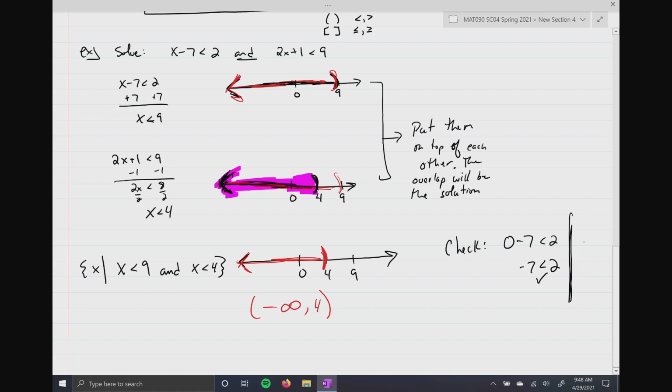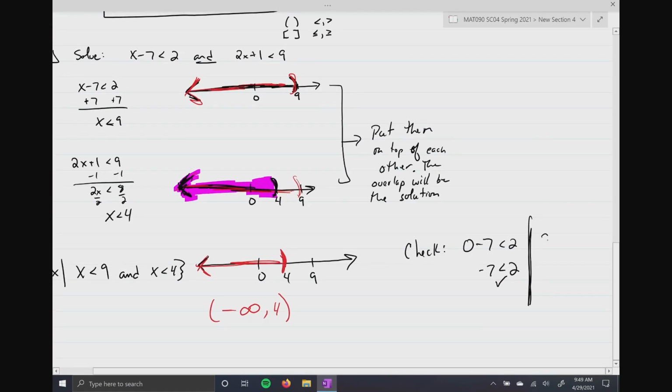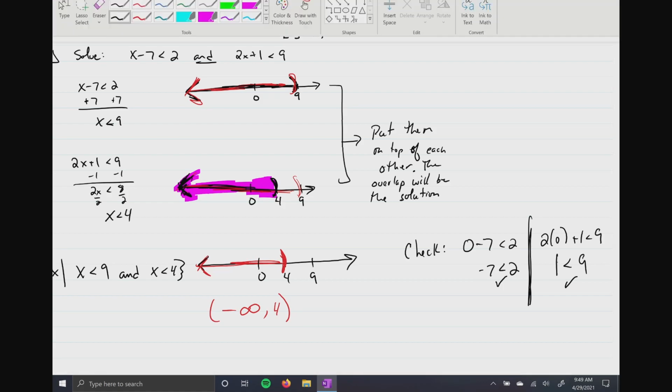Next one. 2 times 0 plus 1 is less than 9. 2 times 0 is 0. 0 plus 1 is 1. Question. Is 1 less than 9? Check. So I know my shading's correct. Does that make sense, everybody? All right. Let's look at another example.